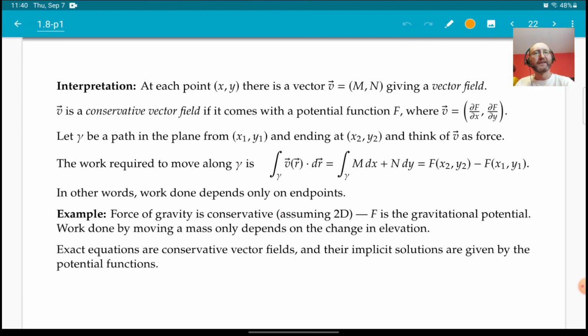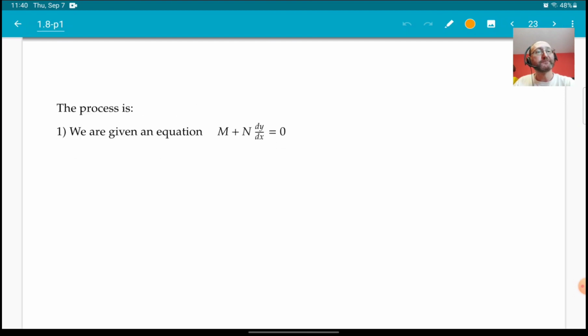So exact equations are conservative vector fields, and their implicit solutions are the potential functions of these conservative vector fields. That's where it ties into what you've already seen in multivariable calculus.